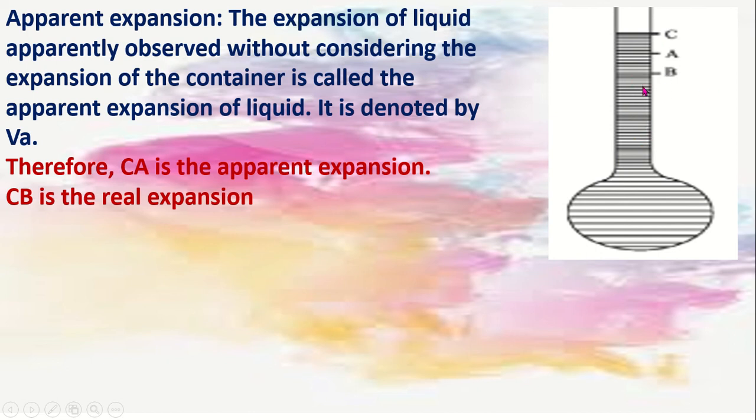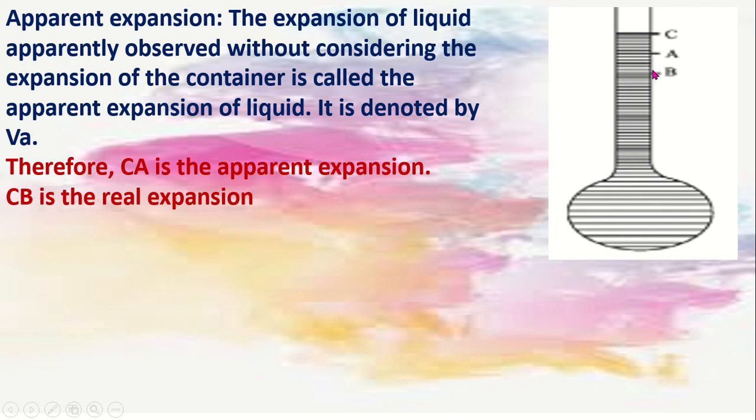So we can't ignore the expansion of the container for calculating the real expansion, because liquid cannot be heated without keeping it in a container. So BC is the real expansion. Therefore, CA is the apparent expansion and CB is the real expansion.